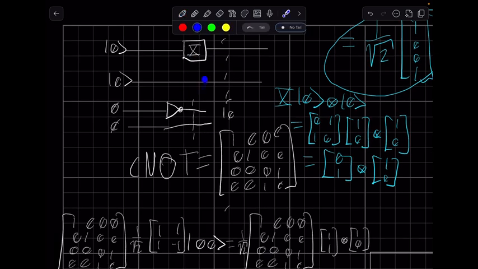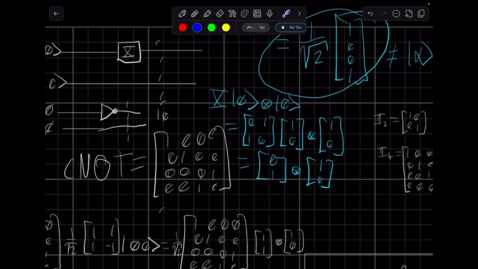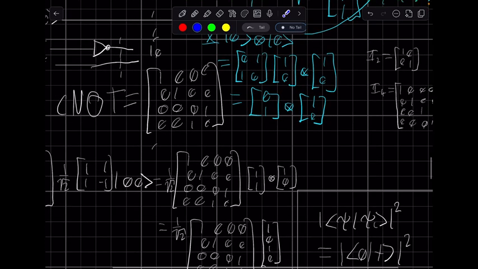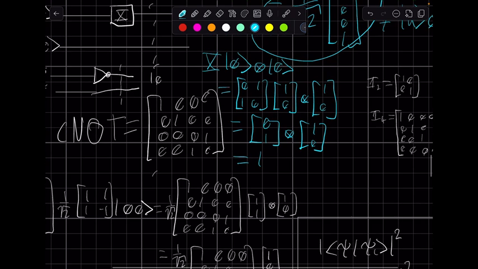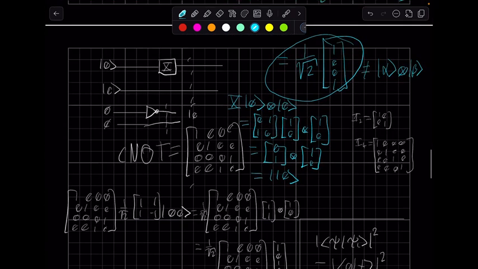Now, if I were to instead have put this down here, it would be this one that has flipped, because we would apply this not on this tensor product, but actually before the tensor product has been applied. So that would actually flip this one from being a 0 to a 1, and this gives us our 1, 0. Essentially flipping that bit. That is analogous, and I've written this out here, where we have two classical bits and we run them through a line and we hit a NOT gate.